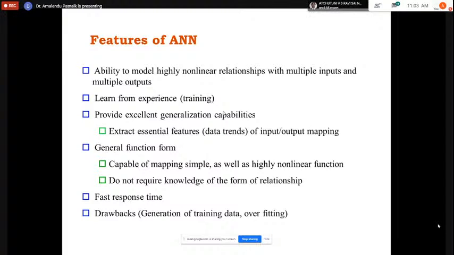What exactly is happening inside, and how to get correct results from a trained neural network, those ideas you can get only when you write your own code for the neural network.